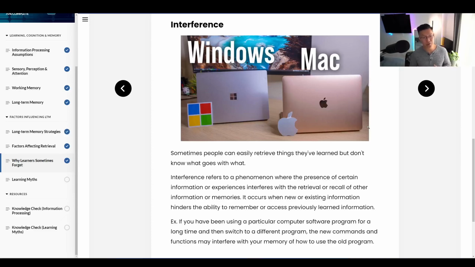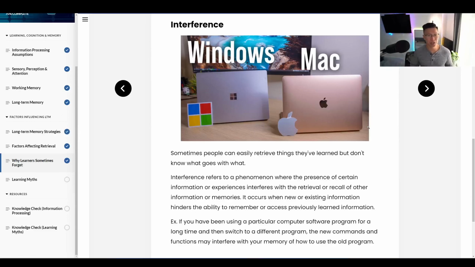An example of interference could be, let's say I have a picture up there with Windows and Mac. If you've been using a particular computer software for a long time and then switch to a different program or a different operating system like Windows or Mac, the new commands and functions may interfere with your memory for how to use the old program.